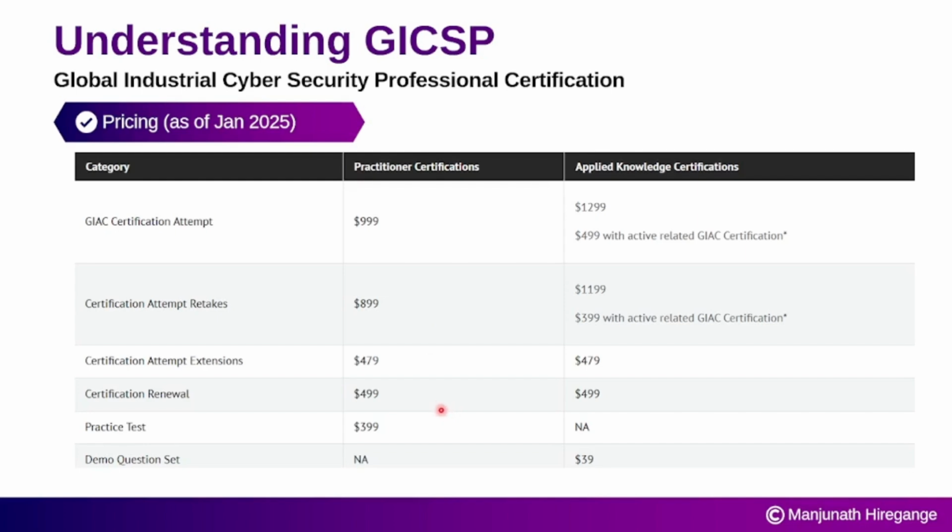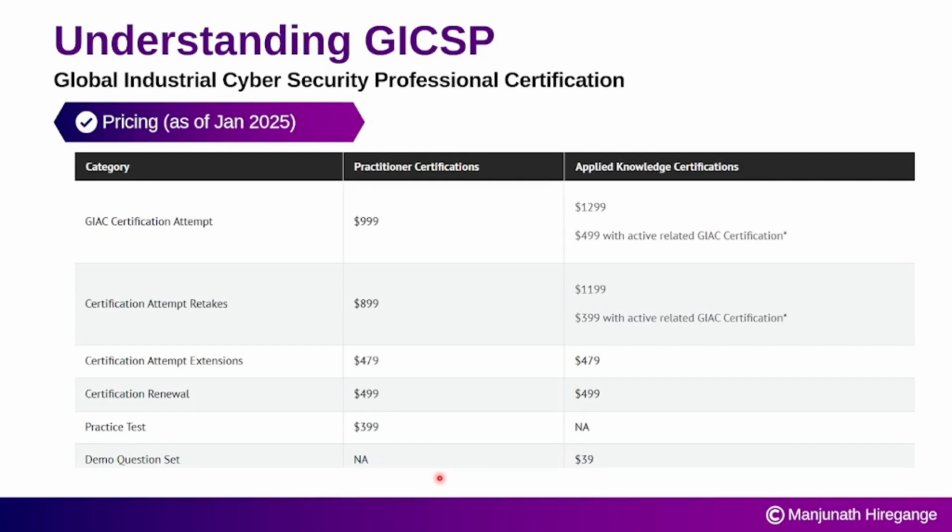Also, keep in mind that many organizations sponsor their employees for such certifications, so it's worth checking with your employer first. And if you're planning for self-study like the one I did, you will only need a budget for the exam fee, because GIAC will allow you to take the challenge exam without their official training. So that is possible.